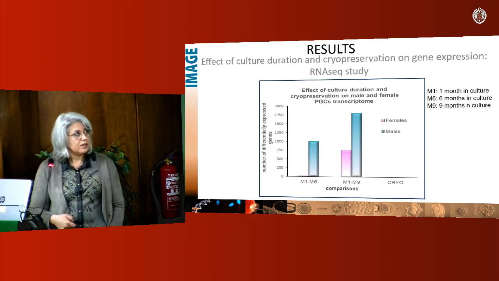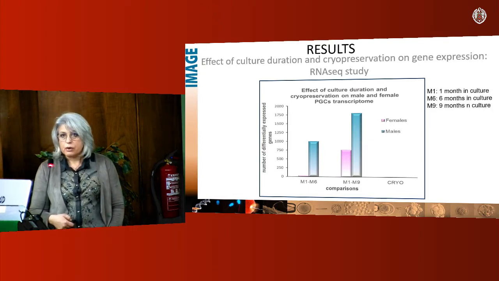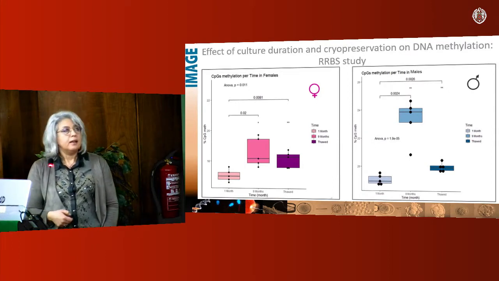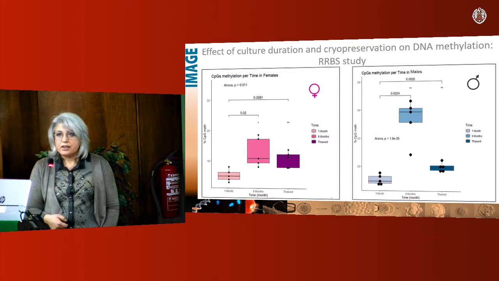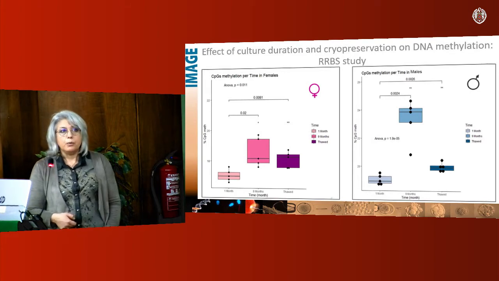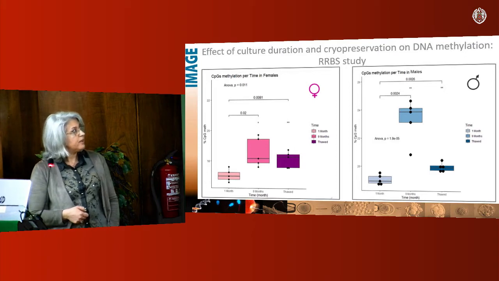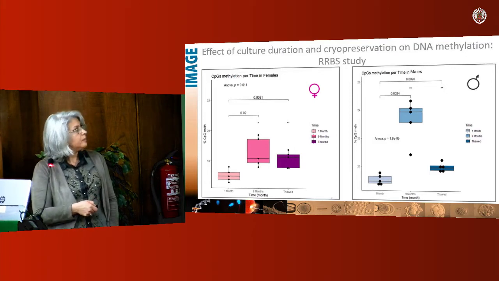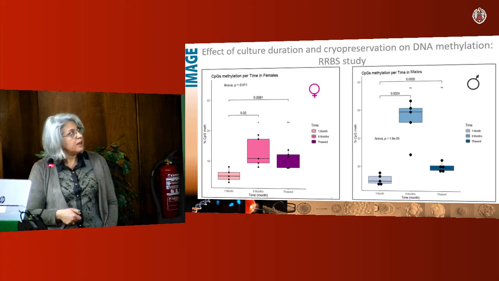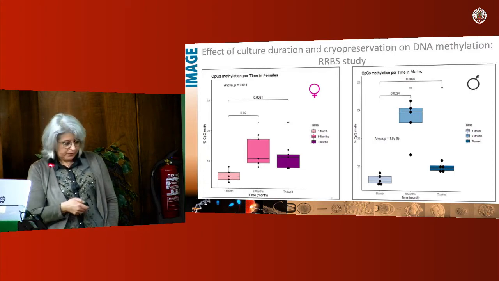In contrast, cryopreservation had no effect on gene expression. As revealed by the RRBS study, this change in gene expression during long-term amplification of PGC in vitro was accompanied by a change in DNA methylation. And on this graph, you can see that the percentage of CpG methylation significantly increases in 9-month male and female cultures.